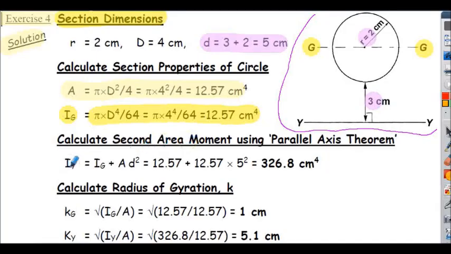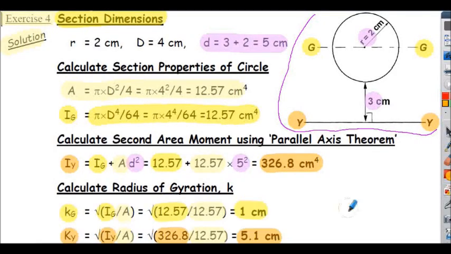Then we can calculate the I about the y-axis using the parallel axis theorem, knowing Ig from above, knowing the area from above, and knowing d from above. So Iy is calculated here in centimeters to the 4. And we can calculate the radius of gyration so that you can review these at your own pace. And that's the total solution required for exercise 4.